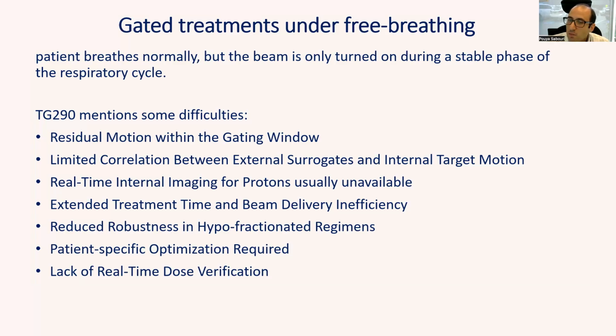So these issues become more pronounced in hyperfractionated treatments where there are fewer fractions and so less opportunity to average out the delivery uncertainty errors. Furthermore, gating typically does require patient-specific optimization from window selection to motion reproducibility and so on. And lastly, the lack of real-time dose verification makes it difficult to confirm what was the dose that was actually given to the patient during the gated treatment.